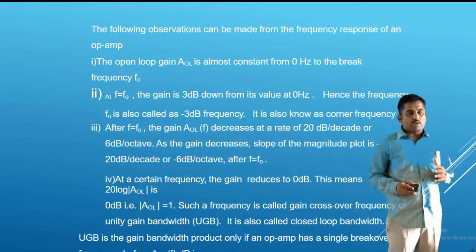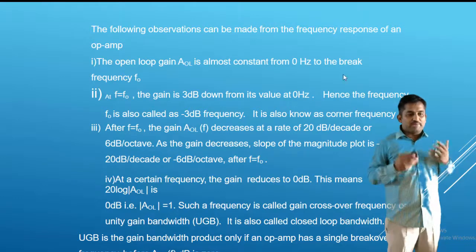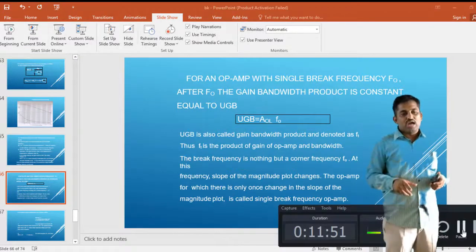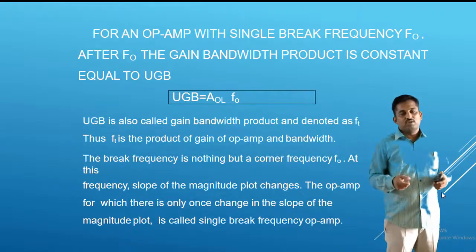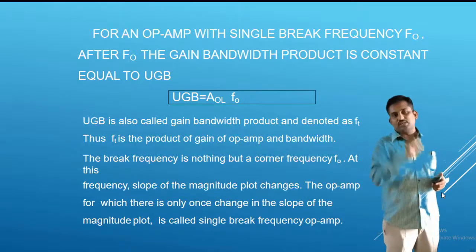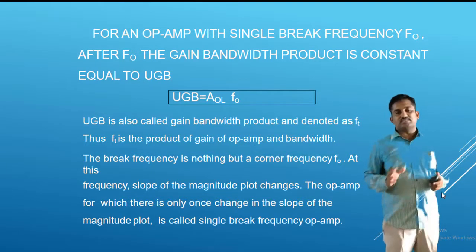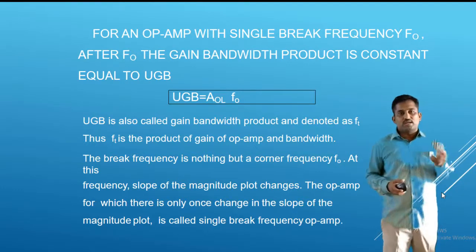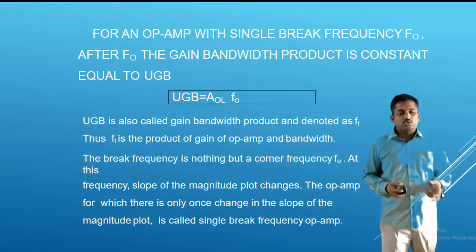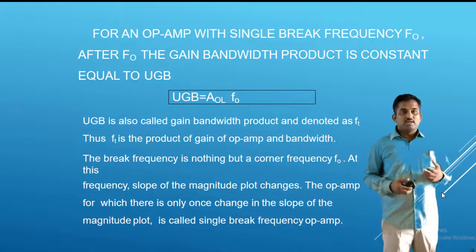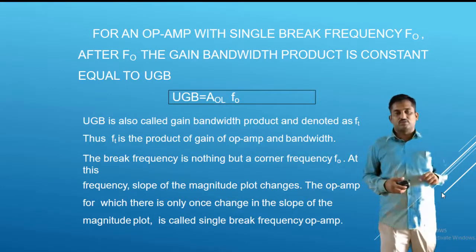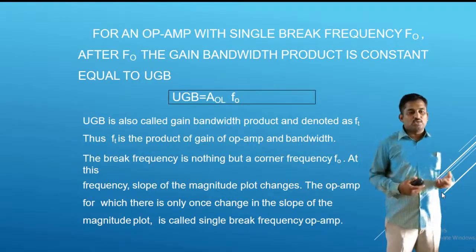For an op-amp with a single break frequency, after f0 the gain bandwidth product is constant and is equal to the unity gain bandwidth. If an op-amp consists of a single break frequency, then we will treat it as unity gain bandwidth. So UGB is equal to the product of gain and bandwidth, so A0L into f0. Similarly, if the closed loop op-amp consists of a single break frequency, that is also called unity gain bandwidth.